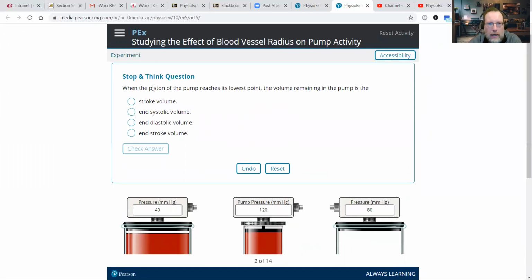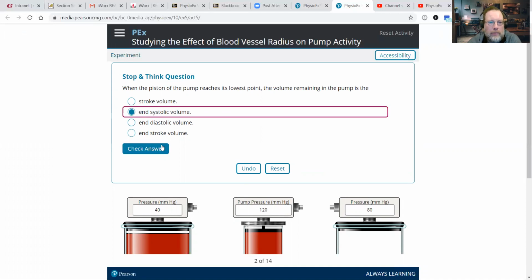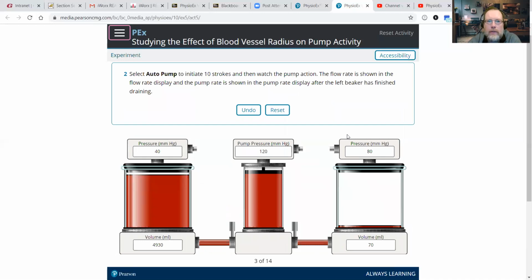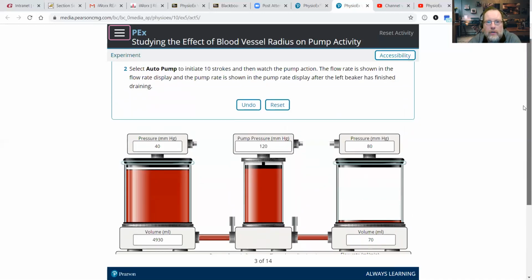So anyhow, before we can move on, for this particular experiment, we have to do a few things before it'll let us go. I know some of these we can click through pretty quickly. Let's see, volume remaining in the pump. Okay, so now it's going to have us do 10 strokes.